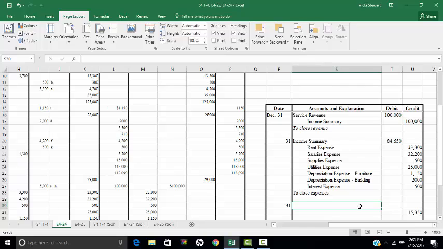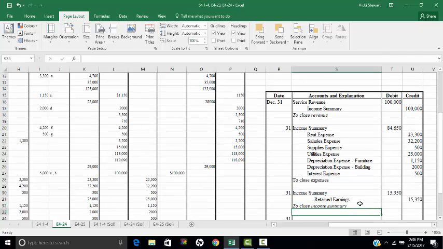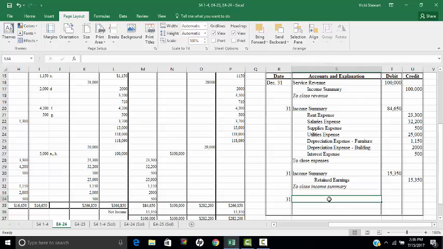So the difference between those is going to be that net income number. And that amount is $15,350, if you remember from our worksheet. And we credit retained earnings for that amount. So our explanation is just to close income summary. Income summary has to be closed to retained earnings, and we transfer the net income.